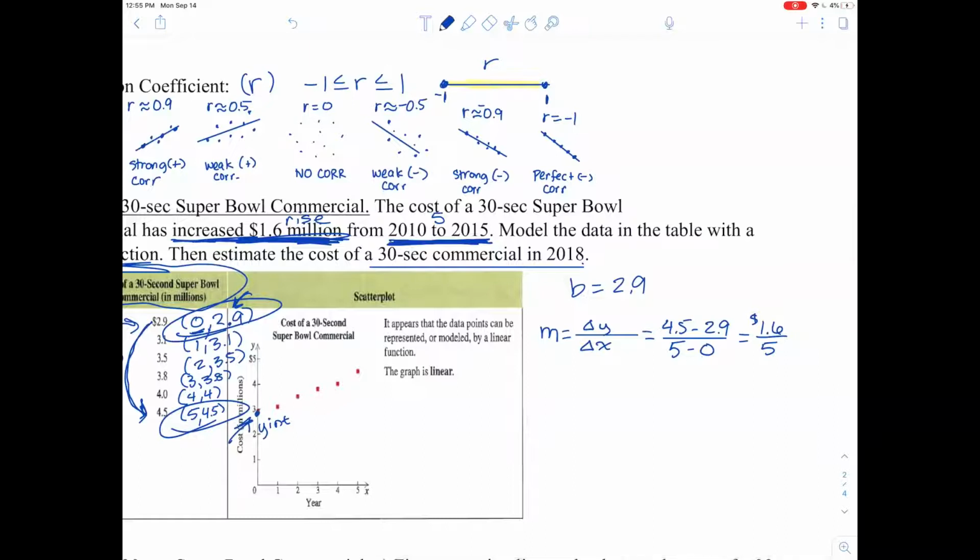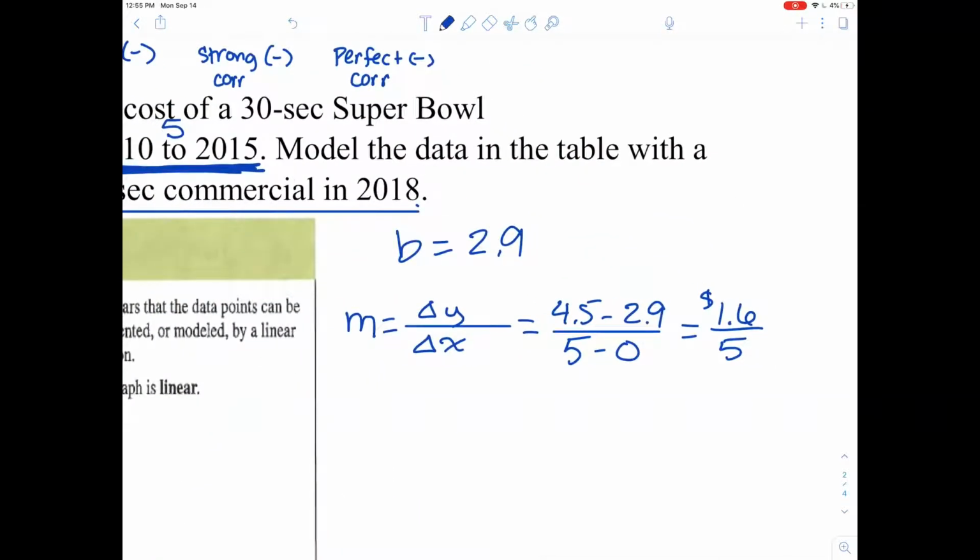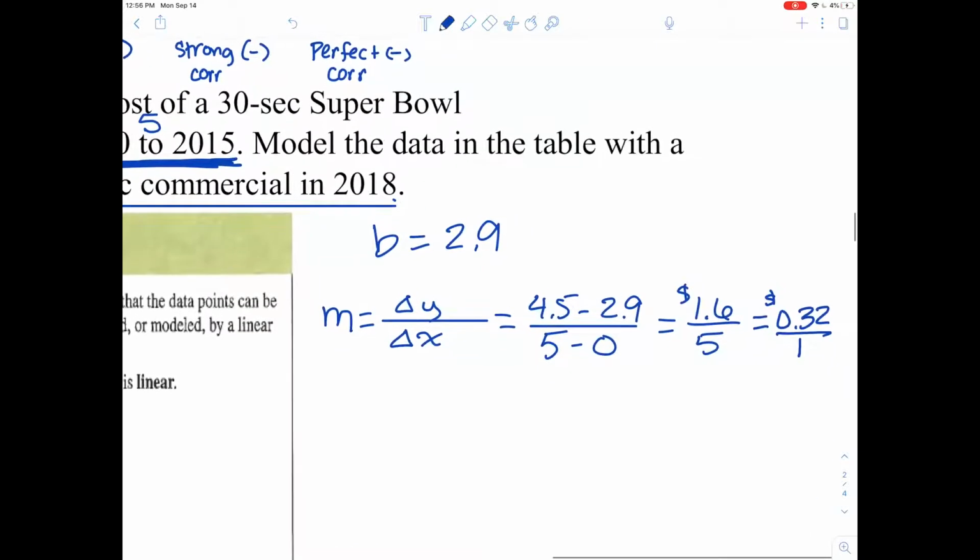And when we're doing linear regressions, usually our slope is just a decimal, not fraction form. So what we're going to do is just divide 1.6 by 5, and that gives us 0.32. And that just means for every year we're going up $320,000 or $0.32 million. So there's our slope right here.